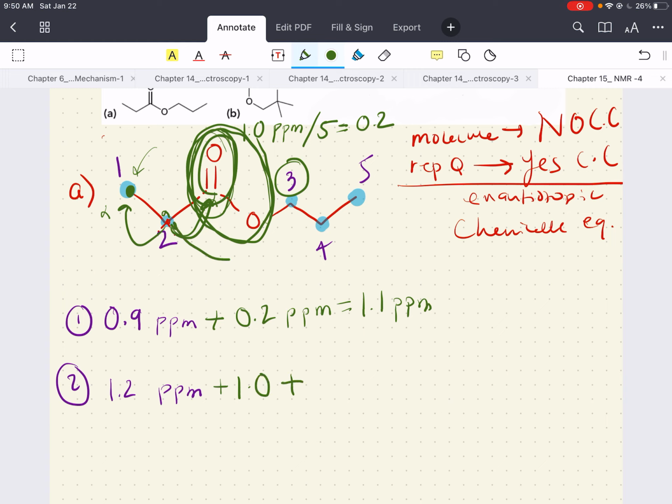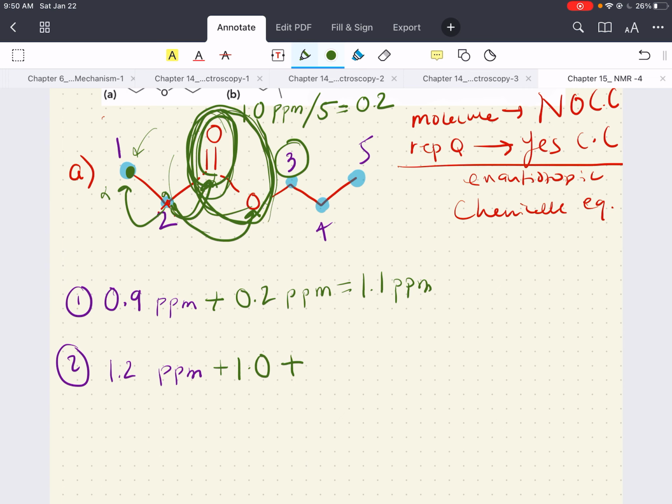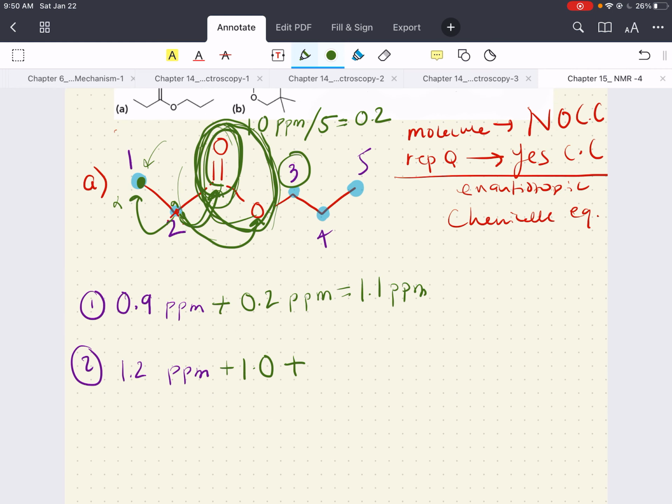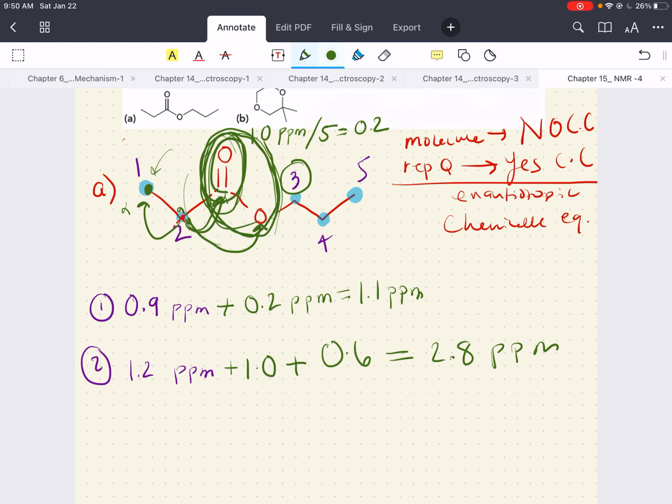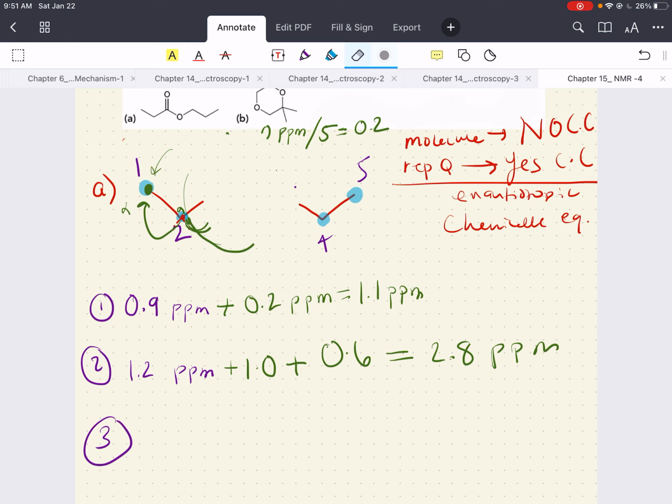The beta position is an oxygen that's part of an ester, so that's going to be 1/5 of that effect. 1/5 of 3 is going to be 0.6. We add all of that up, and that is going to be 2.8 ppm. Let's erase some of this circling and redraw this whole part for ourselves.